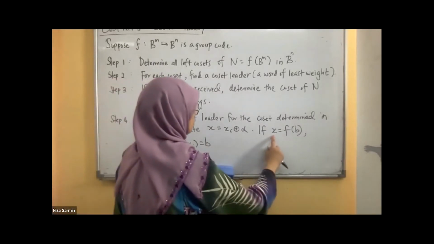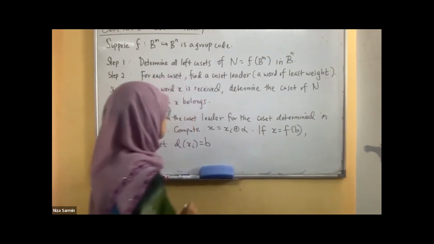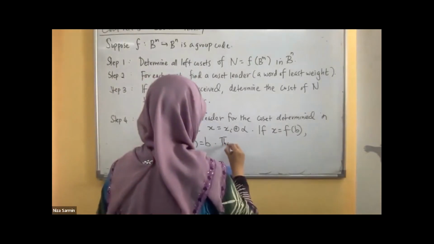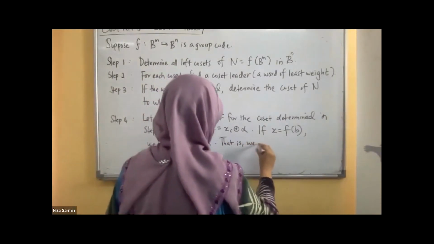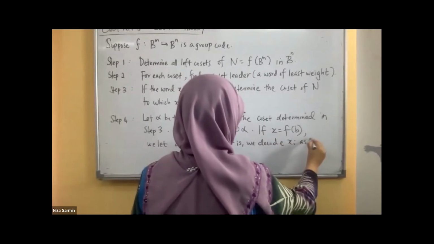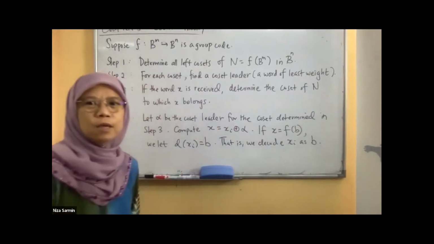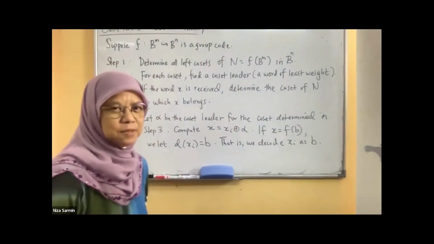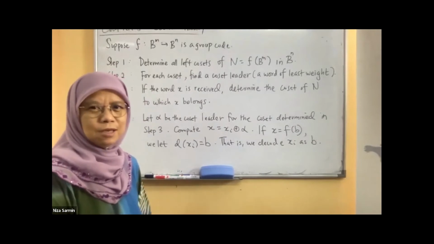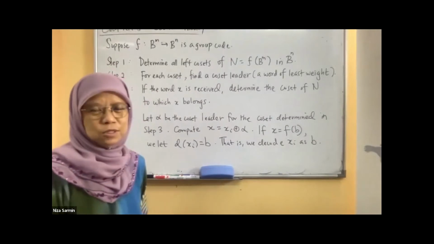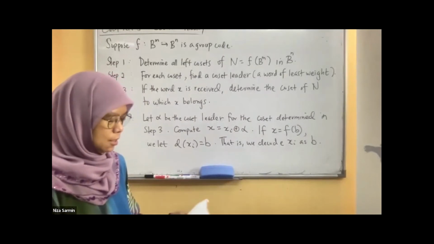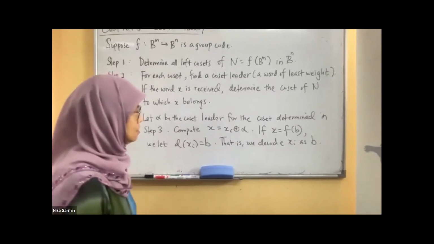X has to have a B that goes to X. That is, we decode xi as B. It doesn't really make sense, right? Because there are so many variables, cosets, but once we see it in an example, I think it is much easier to understand this.